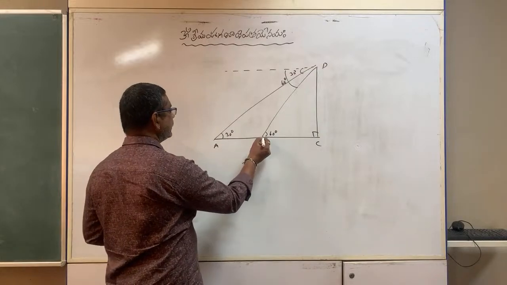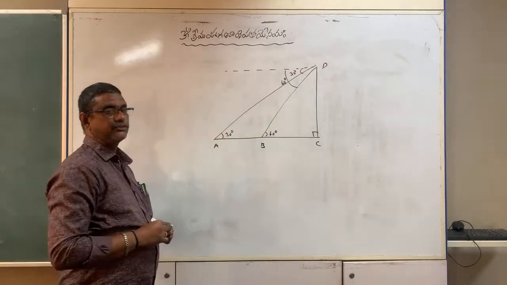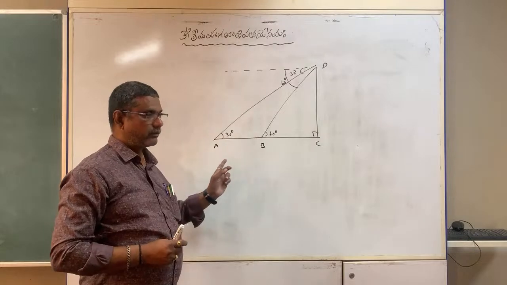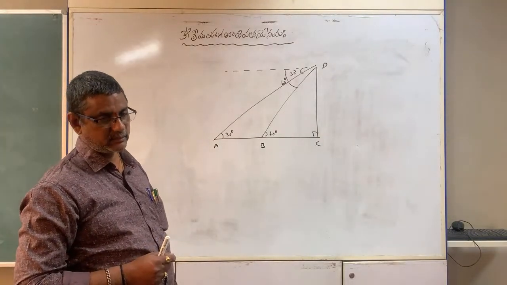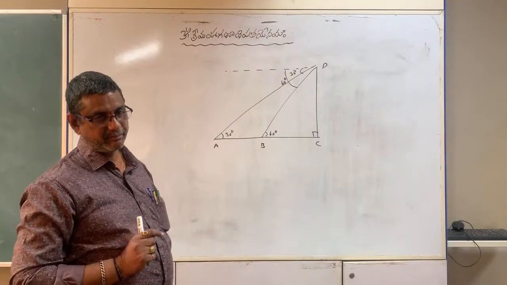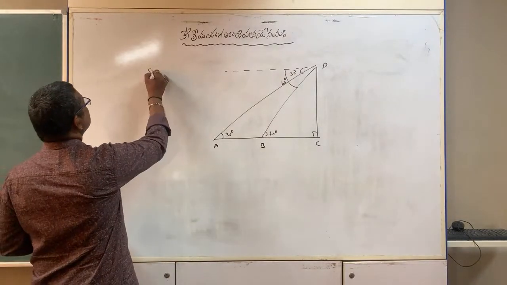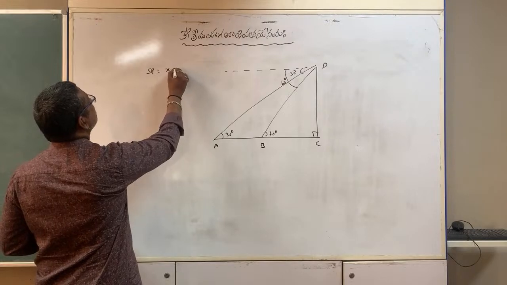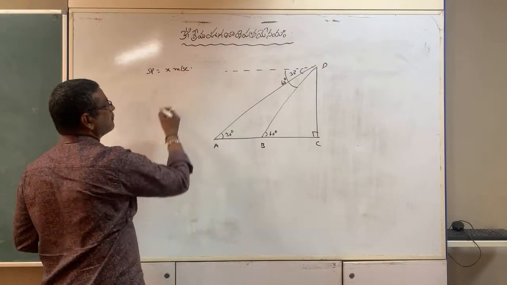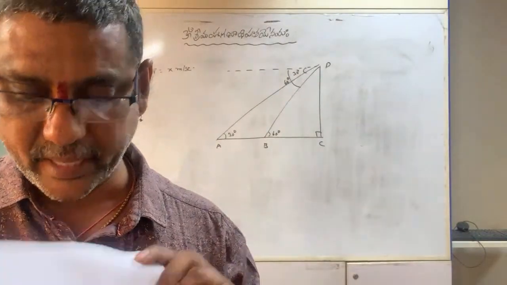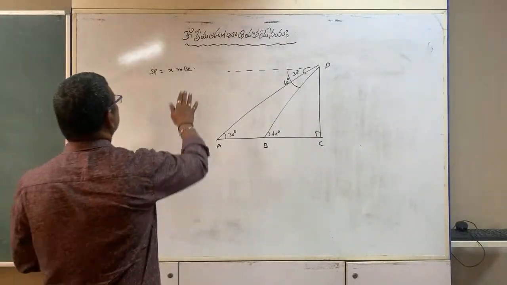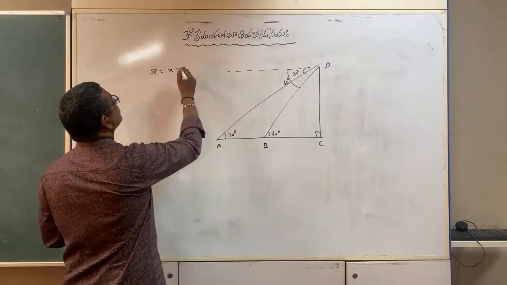From A to B it took 6 minutes, with a uniform speed. Let the speed of the boat be x meters per minute. He told it is per minute.